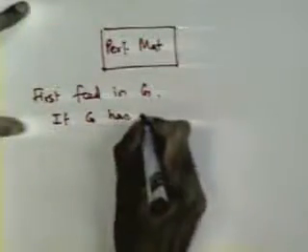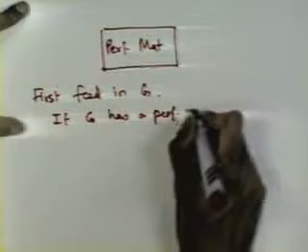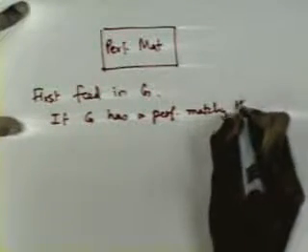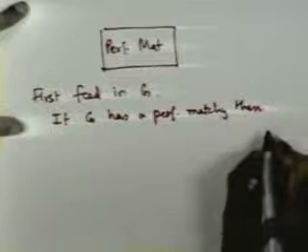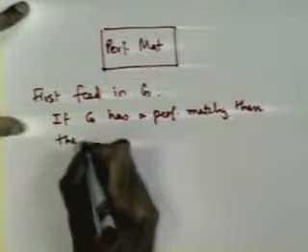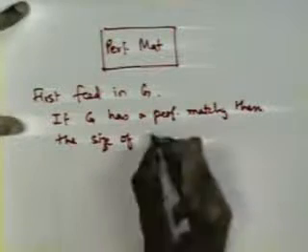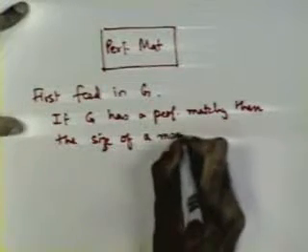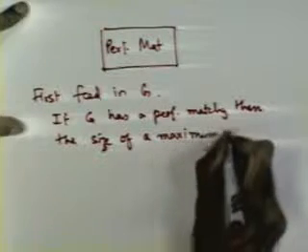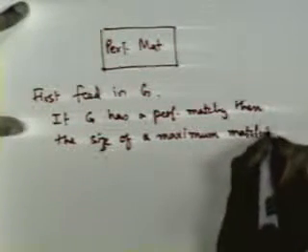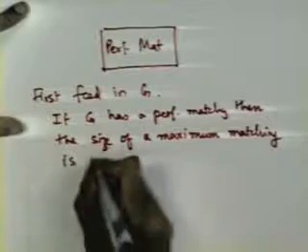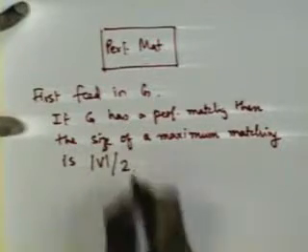Let me write this down: if G has a perfect matching, then the size of maximum matching is V by 2.